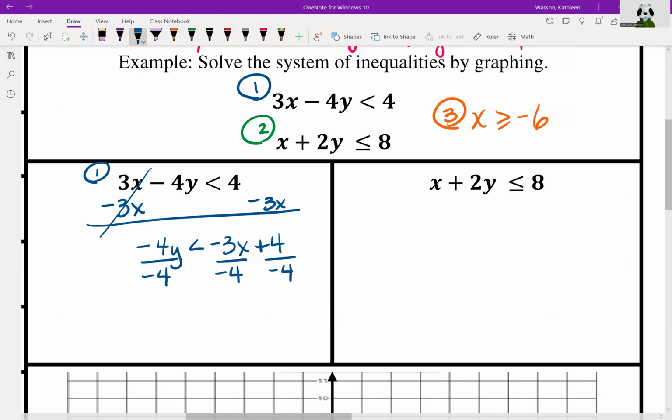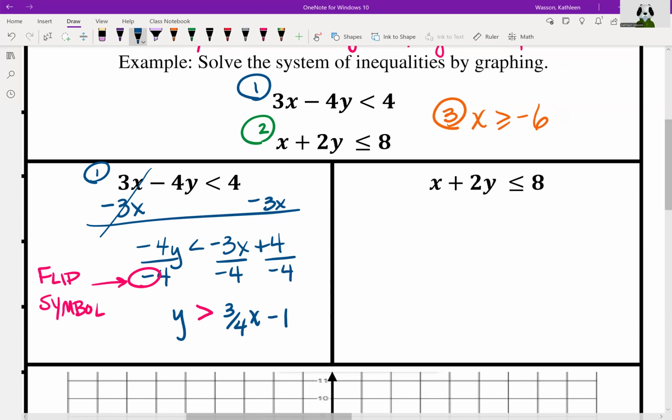And since I just divided by a negative, I flip this inequality symbol. So after I've divided, my inequality changes to greater than. So I have y is greater than 3/4 x, negative divided by negative is positive, and then -1.